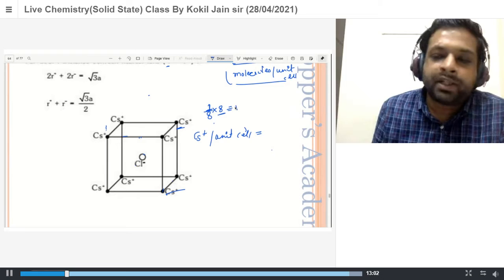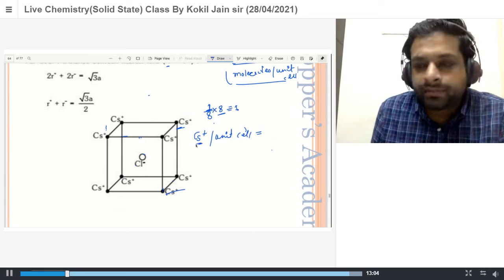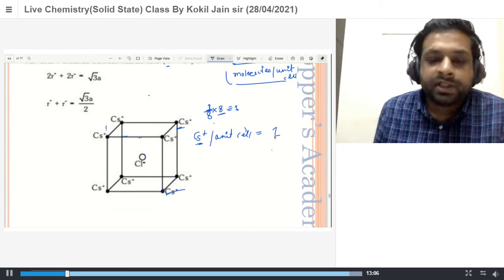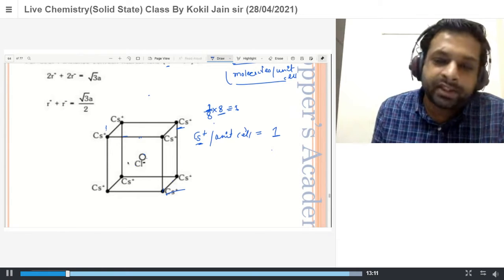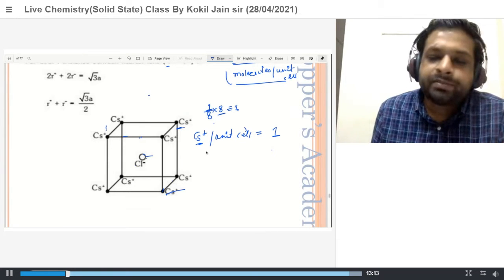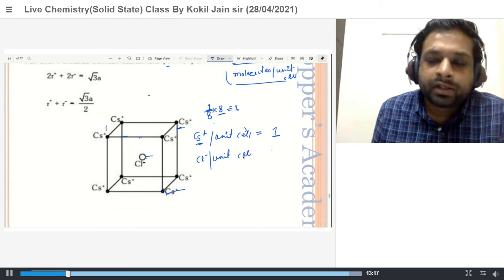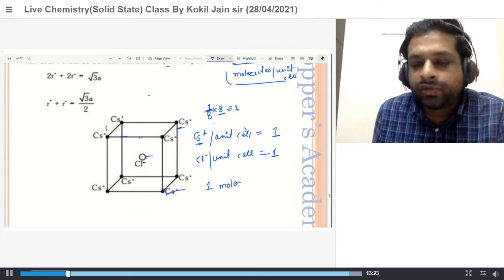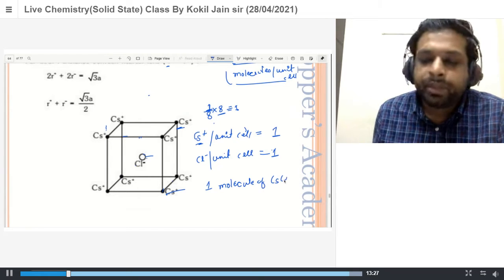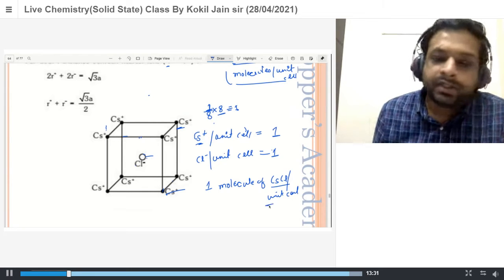So cesium ions per unit cell would be 1. Similarly, Cl minus is only present at the body center, so Cl minus per unit cell is also 1. So effectively, only one molecule of cesium chloride per unit cell. This is what we are seeing here, right?